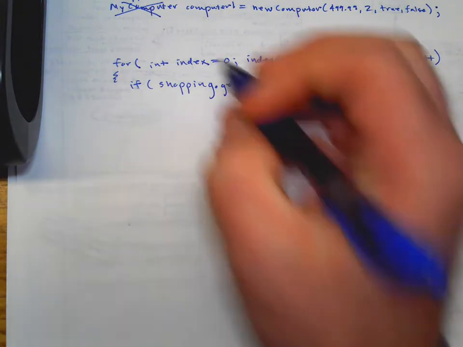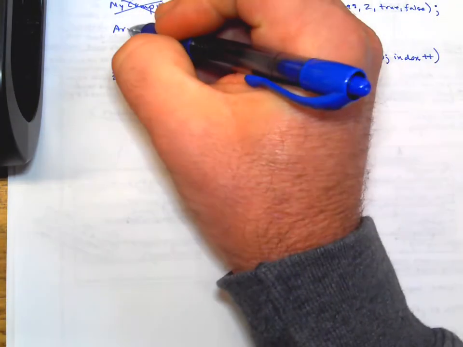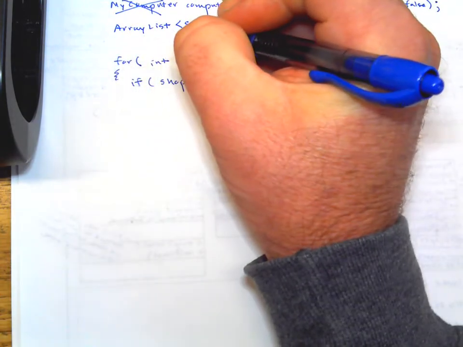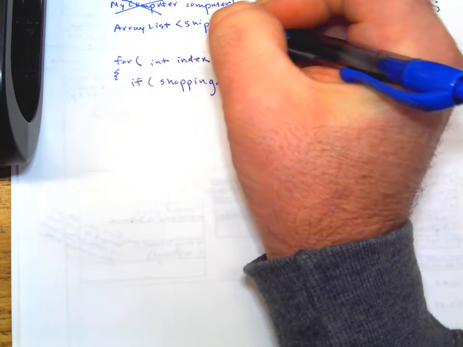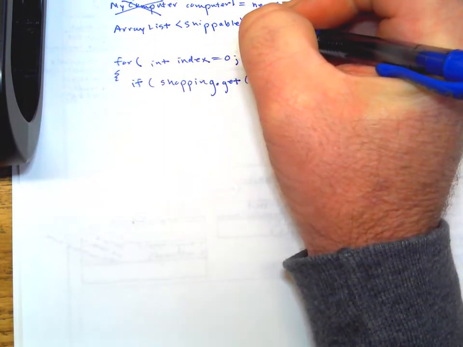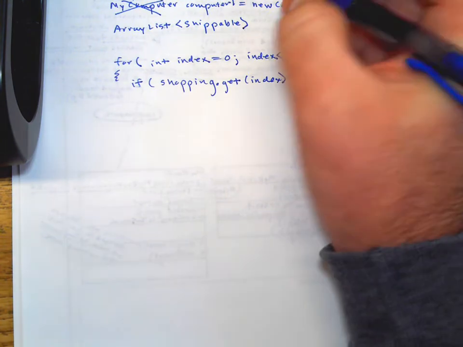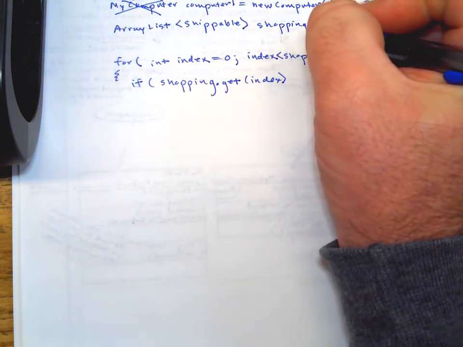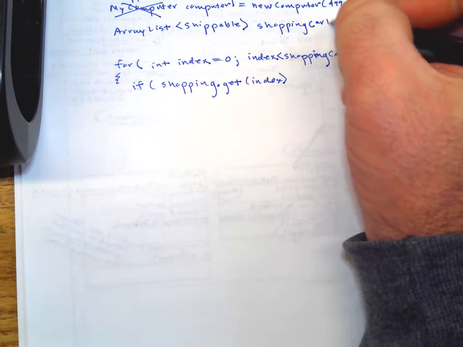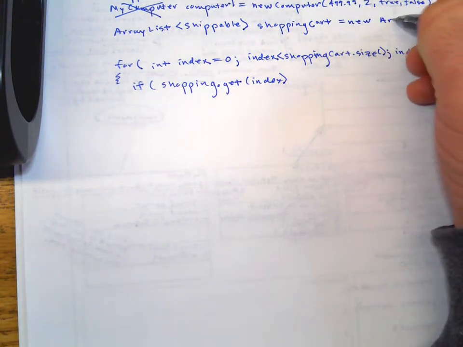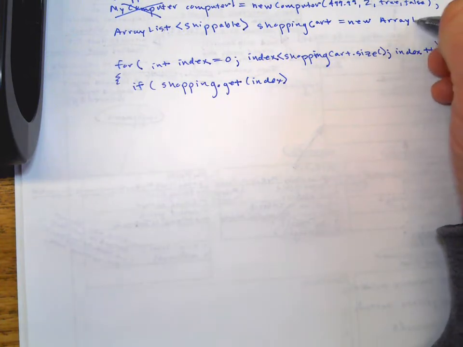Like before, your array list, you need to change it to hold shippable, which you can't really make a shippable object, but objects that implement that interface. So this is something that you should have changed. I'm giving you guys some help here, and you have most of this there, so you're really just editing what's inside of it.